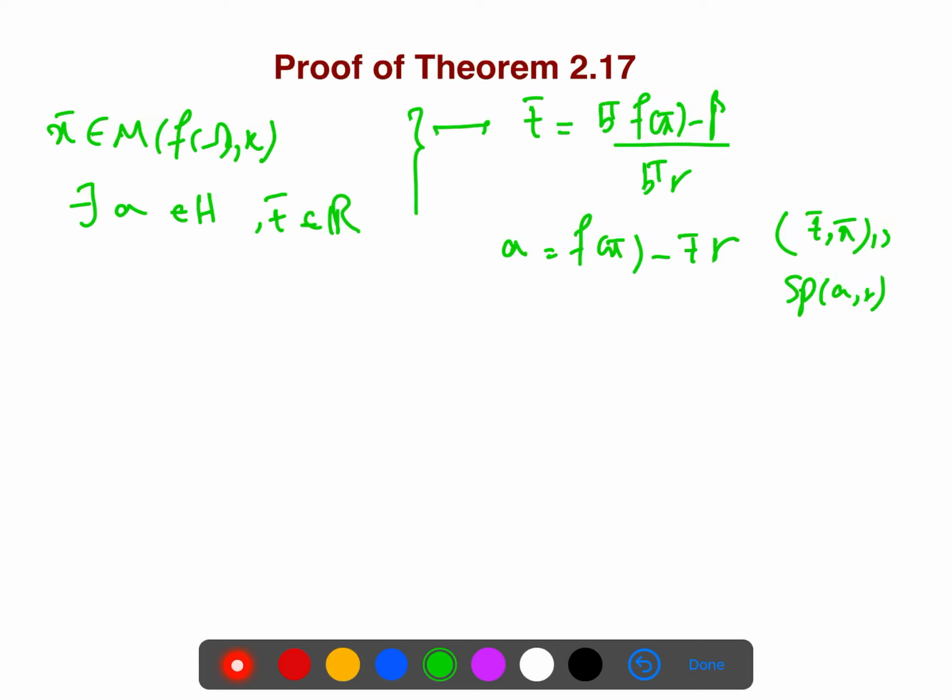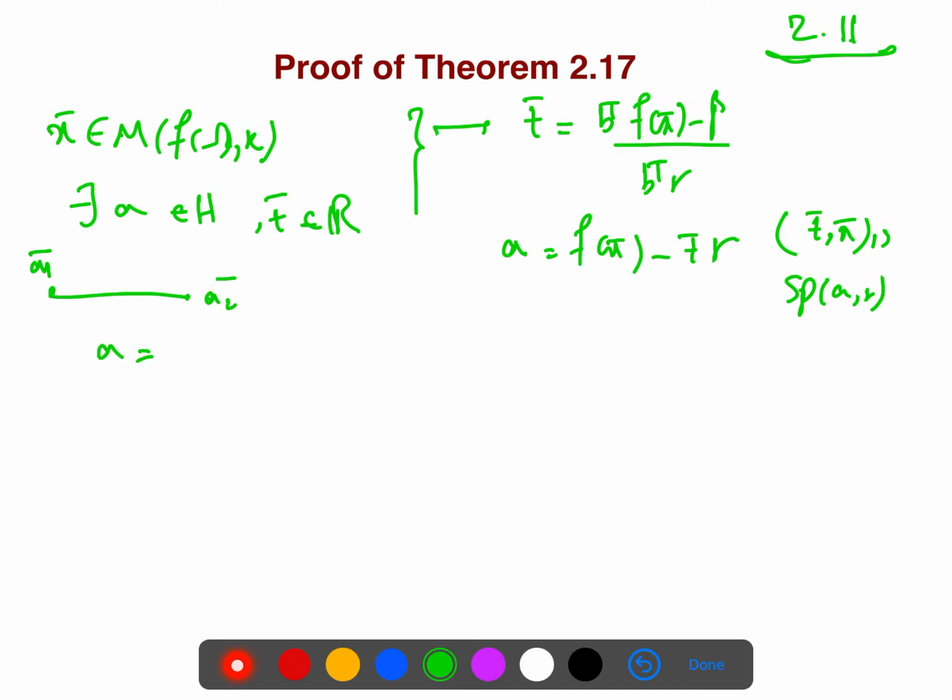But this is from theorem 2.11. So the parameter lies on the line segment between a1 bar and a2 bar.